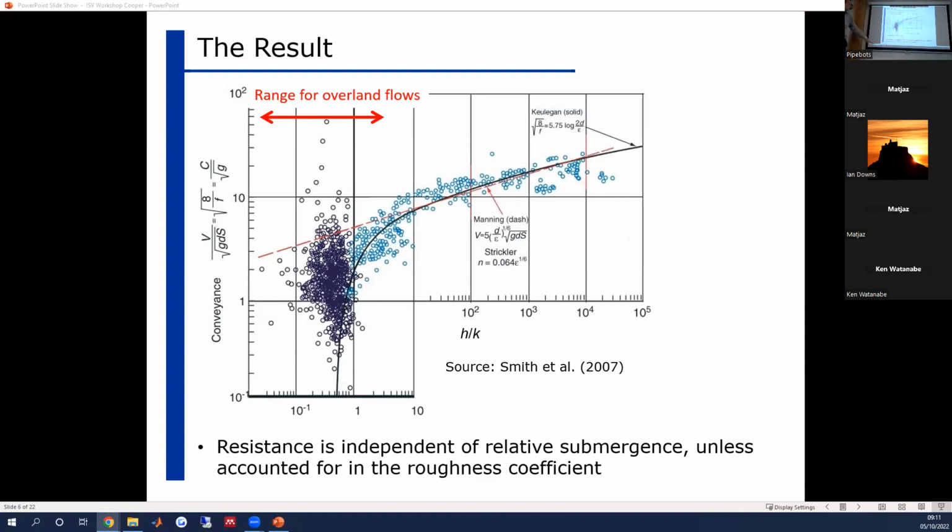And you'll see at relative submergences of 10, you get a divergence between those two fitted lines. But more importantly, over the range of relative submergences that you get for overland flows, up to around a relative submergence of 5, you can see that flow resistance tends to infinity. So in other words, you can't correct for the influence of relative submergence through these equations that have been developed for open channel flows and pipe flows. On to the next one.